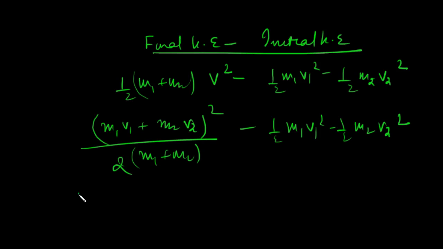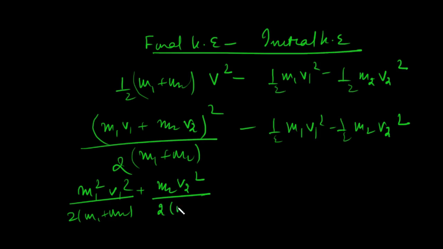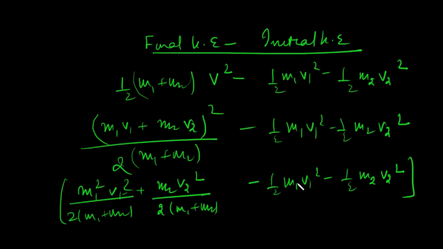So just expanding this expression and solving it, we take v1 here, m1 square will get cancelled out, so this would be equal to minus half m1 m2 v1 square by m1 plus m2.